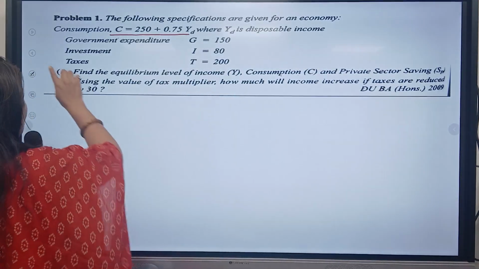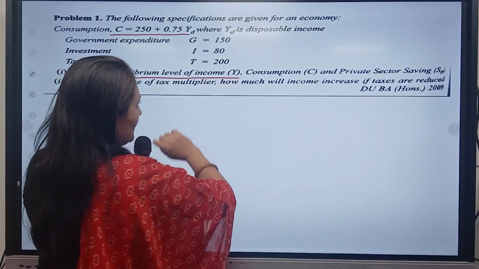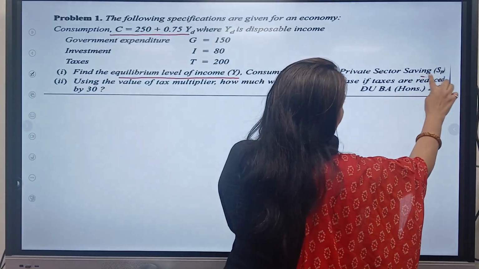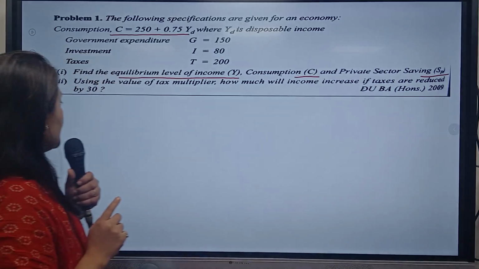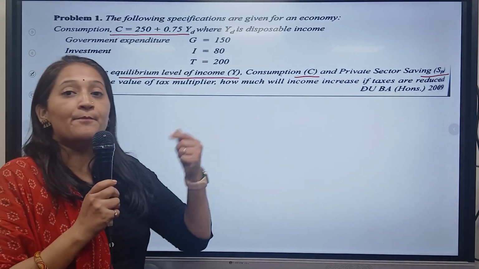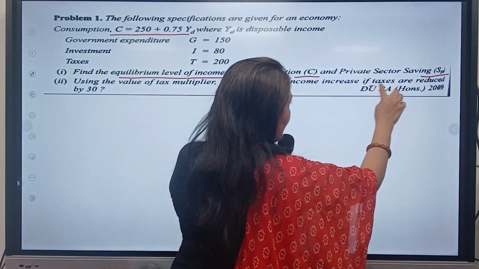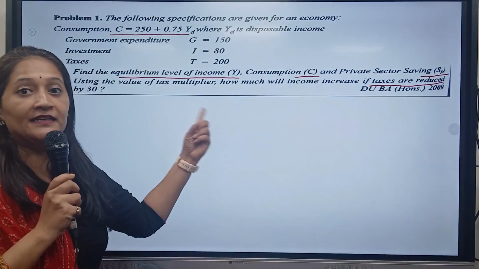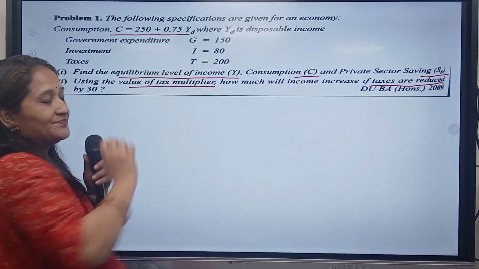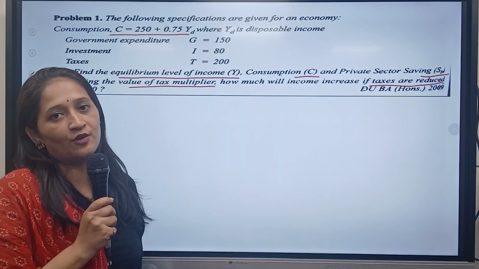And here they have asked us to calculate the equilibrium level of income Y, the equilibrium level of consumption C, the equilibrium level of savings by the private sector S, and they have also asked the impact of a reduction in tax on the income of the country with the help of the tax multiplier. That's why I told you to first refer to those videos, then only will you be able to do this calculation.